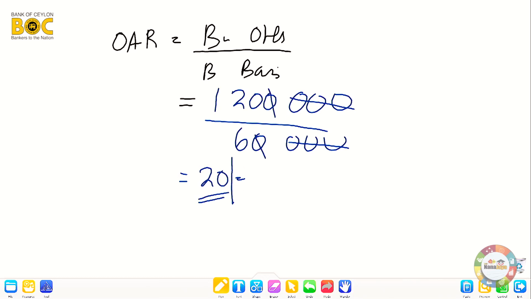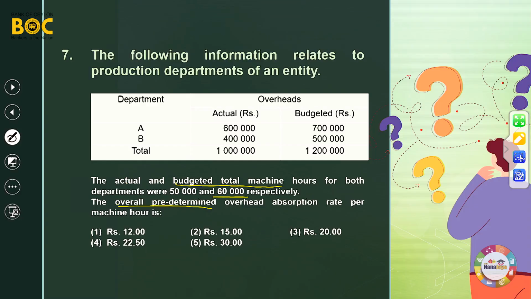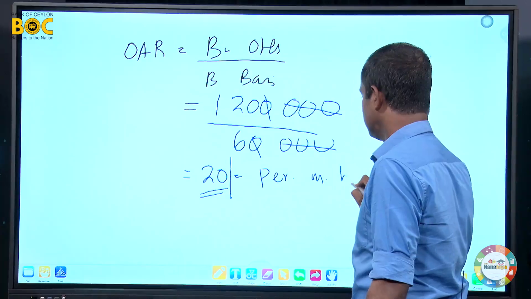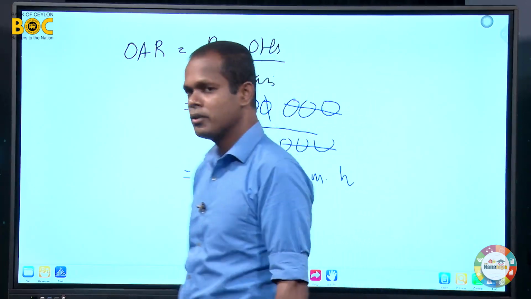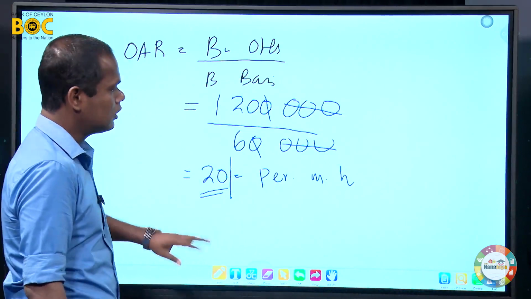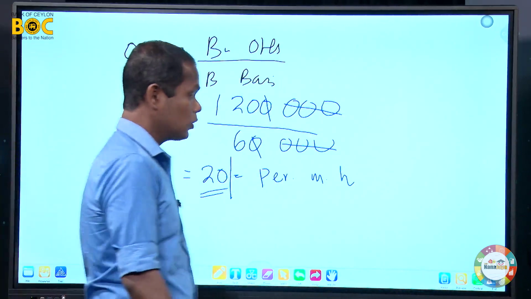20 rupees. This is based on what we calculated, based on machine hours, per machine hour. 20 rupees per machine hour. The average overhead cost per machine hour is 20 rupees.